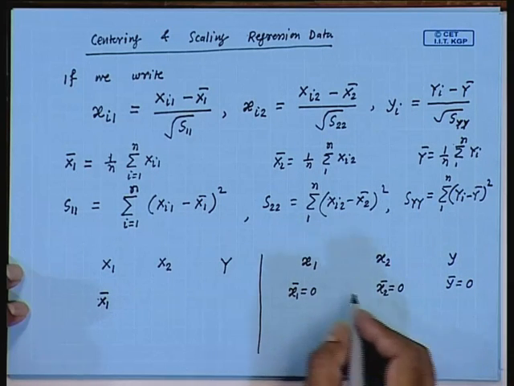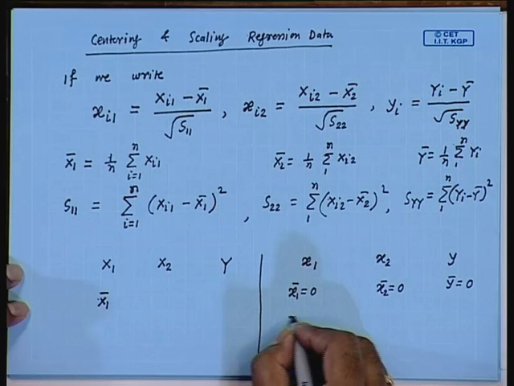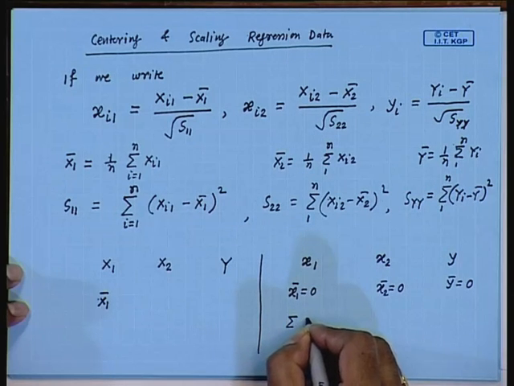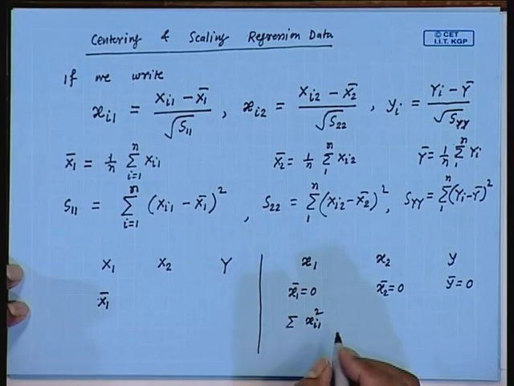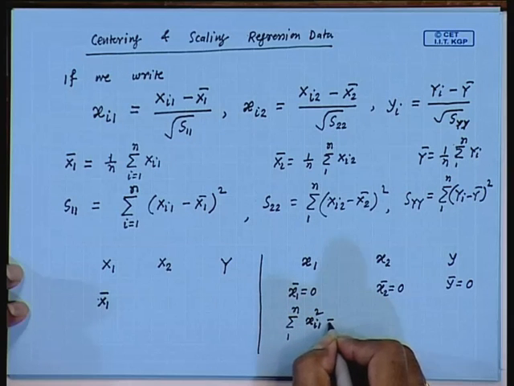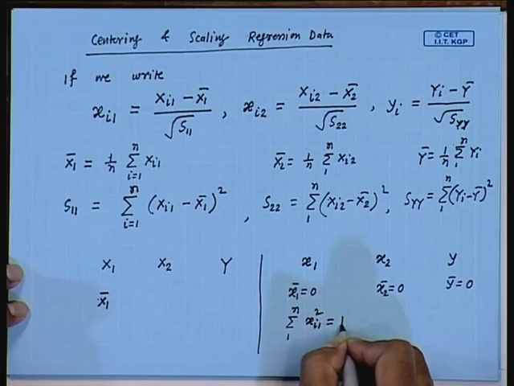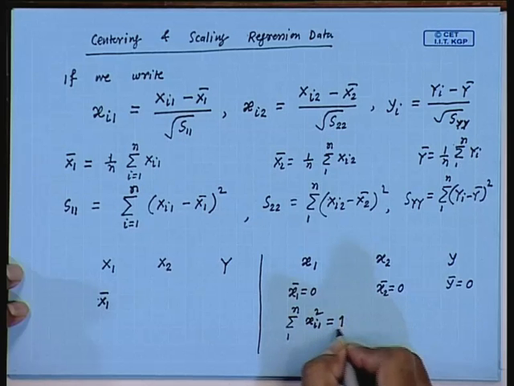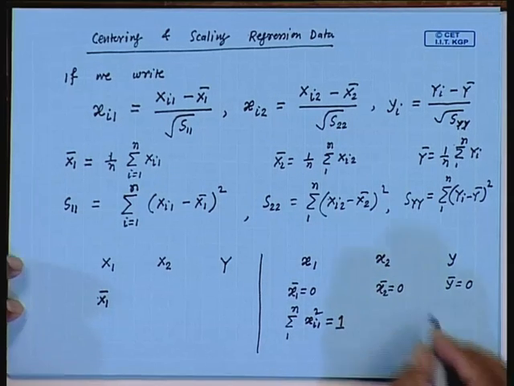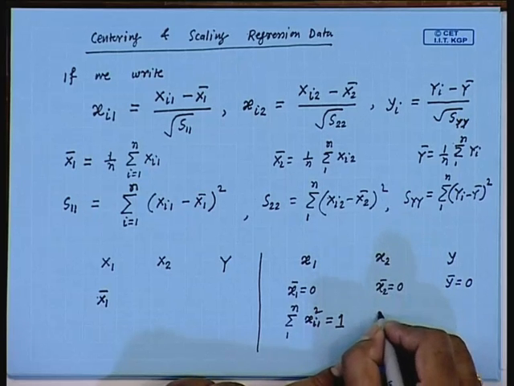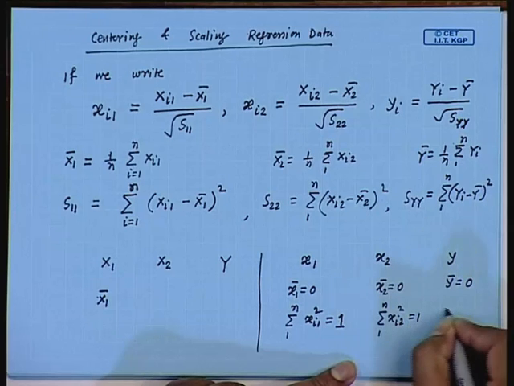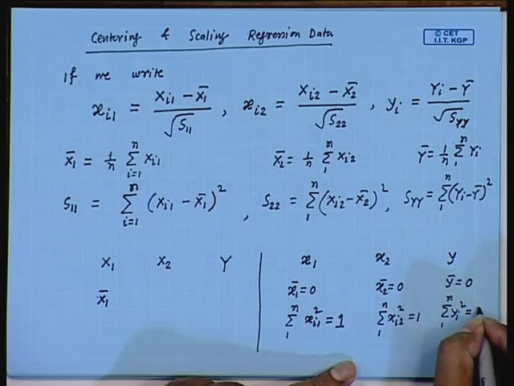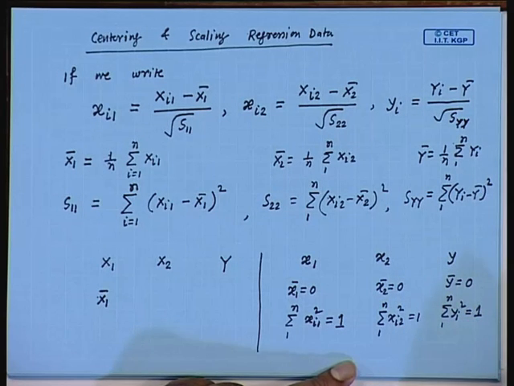And the other thing to observe here is that summation xi1 square, 1 to n, is equal to 1, and this is also true for the second regressor, like summation xi2 square, 1 to n, is equal to 1 and summation yi square, 1 to n, is equal to 1. Okay.